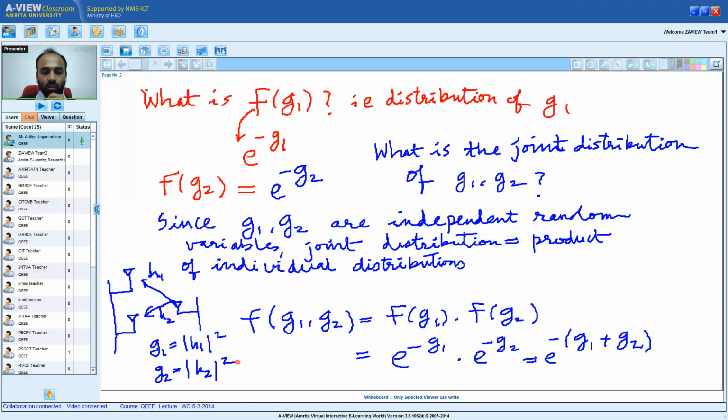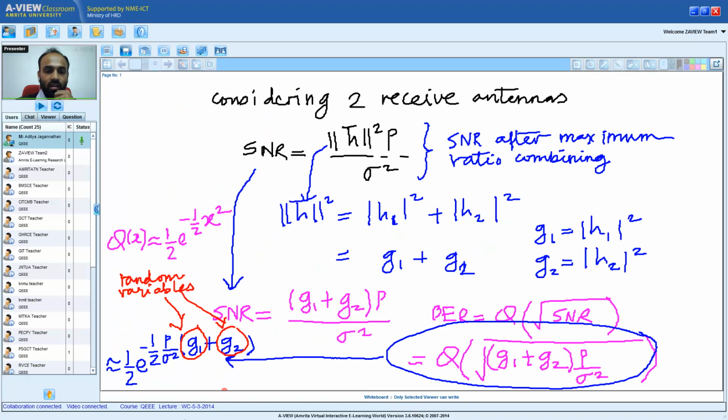Therefore now what we have to do is average this function, which is a function of G1, G2, over the joint distribution of G1, G2.